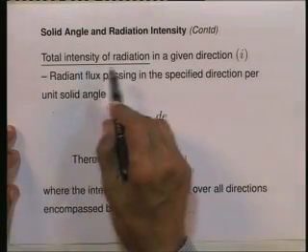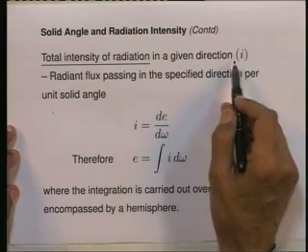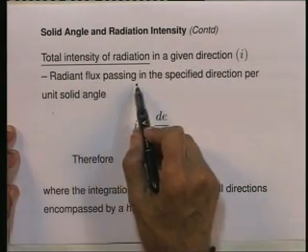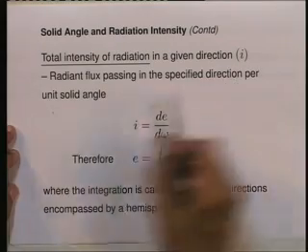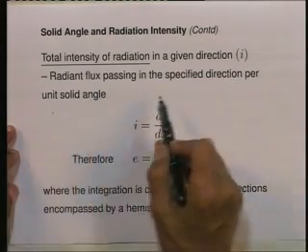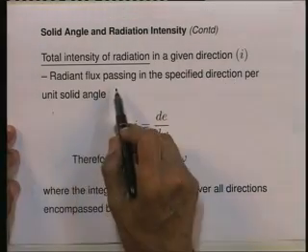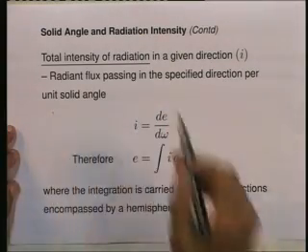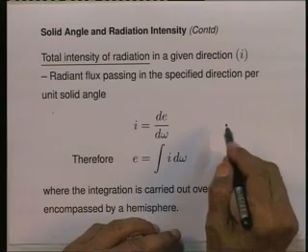The total intensity of radiation in a given direction, I, is equal to the radiant flux passing in the specified direction per unit solid angle. What we mean is the following.